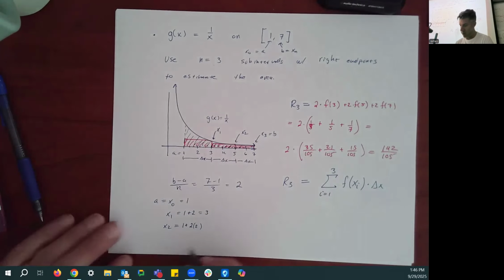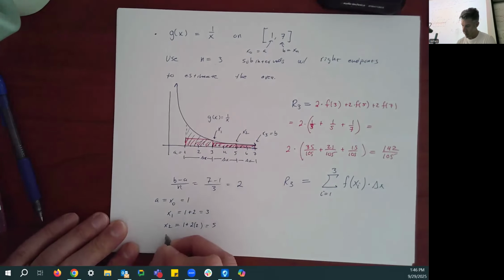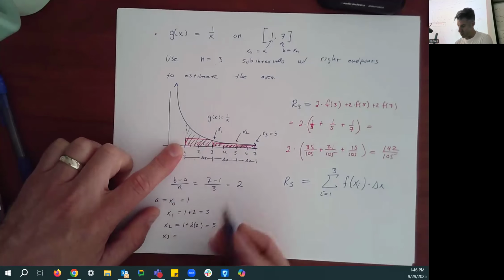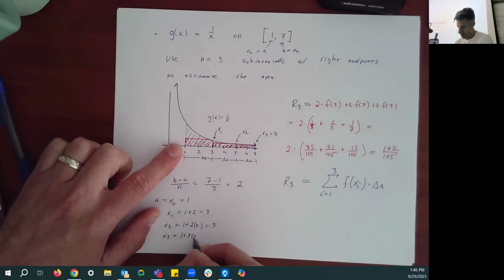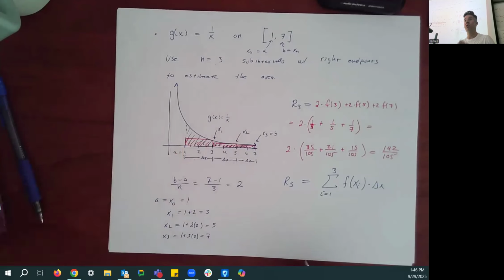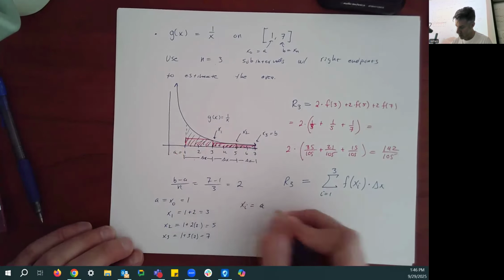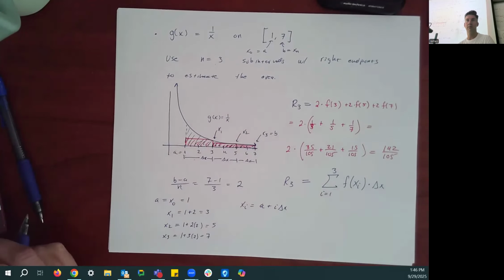In a similar way, x sub 3 is 1 plus 2 plus 2 plus 2, which is 7. But generically, the way we think about writing x sub i for the right endpoint is that x sub i is equal to A plus i times delta x.